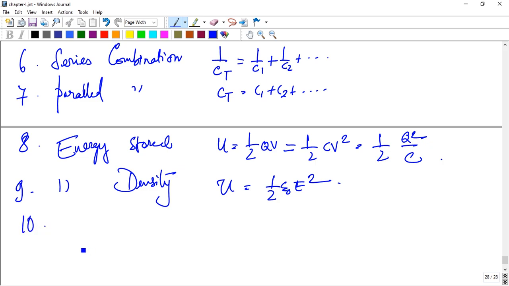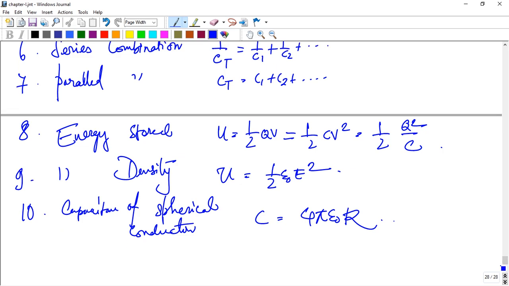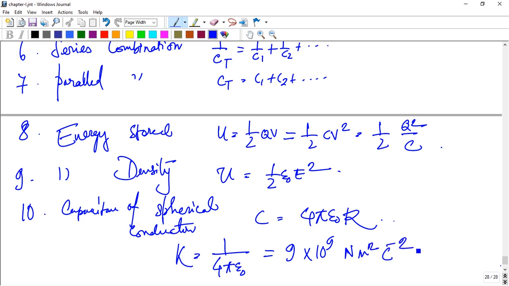Number 10, capacitance of a spherical conductor is 4 pi epsilon naught R. And we know the K value, which is given in the exam: 1 over 4 pi epsilon naught, that is 9 into 10 to the power 9 Newton meter square Coulomb to the power minus 2.